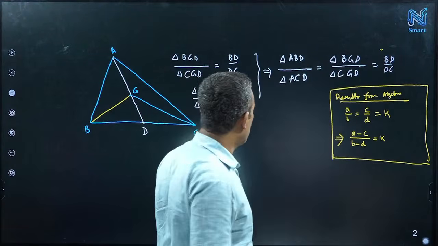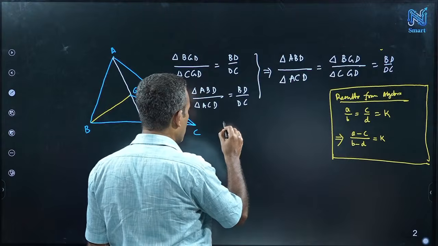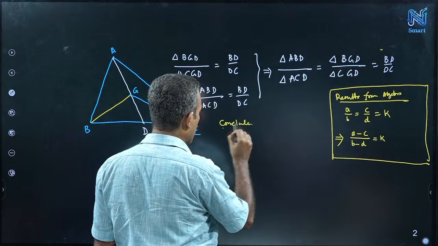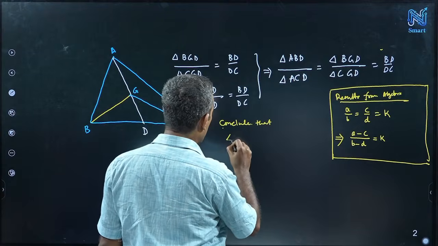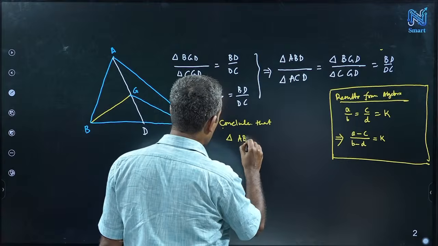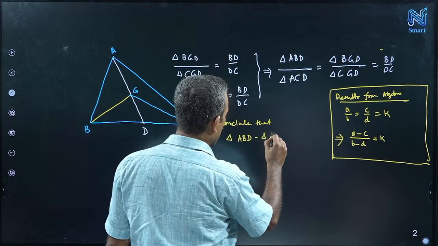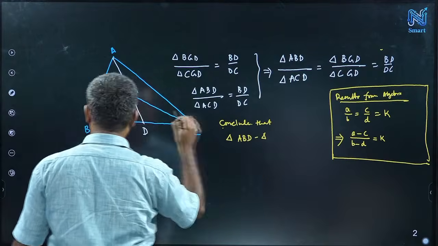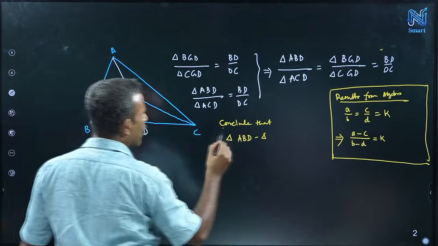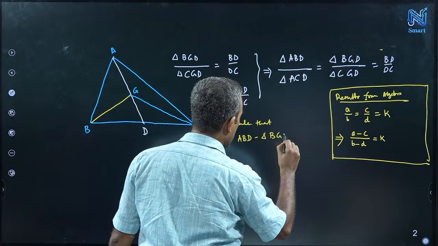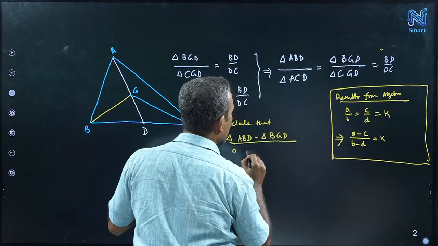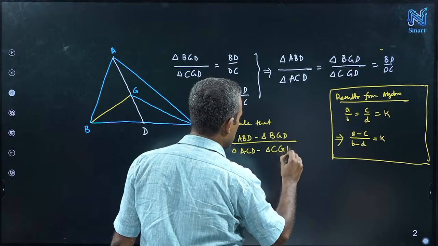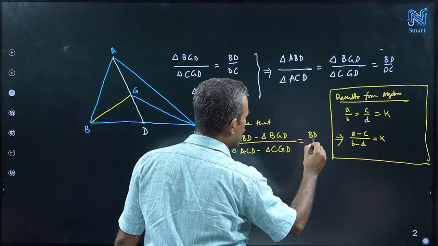Then using this result, what can we conclude? That the area of ABD minus the area of BGD divided by the area of ACD minus the area of CGD is the same as BD by DC, right?